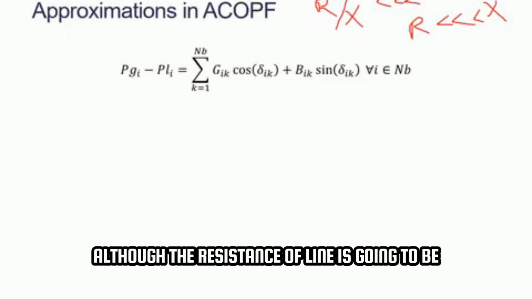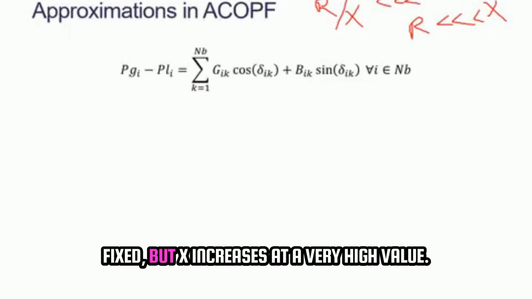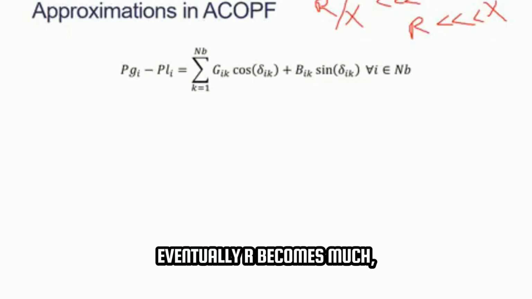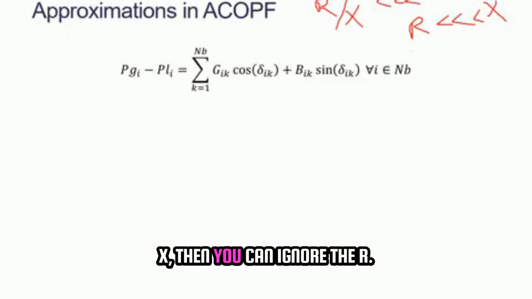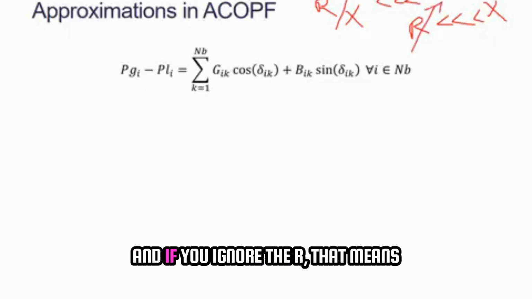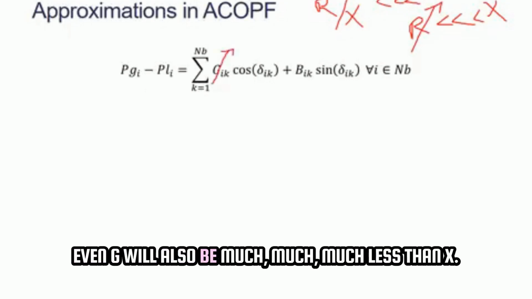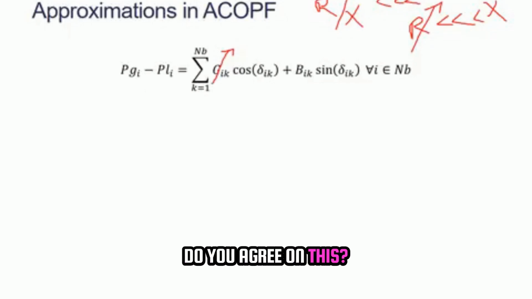Although the resistance of the line is fixed, X increases to a very high value. Eventually R becomes much smaller than X, and then you can ignore R. If you ignore R, that means G will also be much less than X, right? Do you agree?